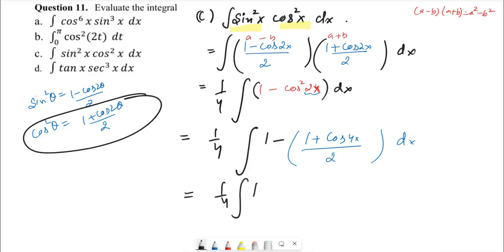1 by 4, 1 minus half minus cosine 4x by 2 with respect to x. You see 1 minus half is just half.